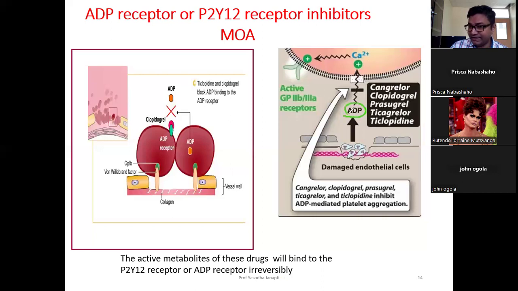When ADP binds to its receptor, there is increased calcium, and this calcium in turn activates GP2B3A receptors. If you block this, there is no calcium and no activation of the GP2B3A receptor. This is the deadliest, I told. So all our drugs will block this activation.